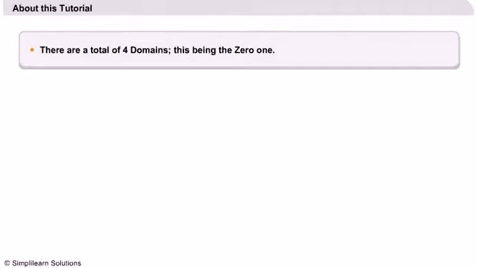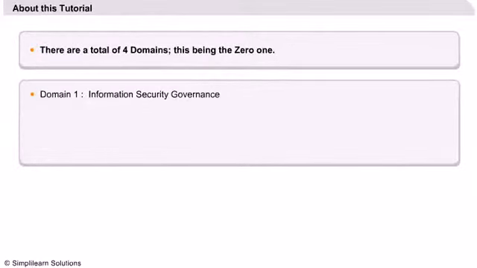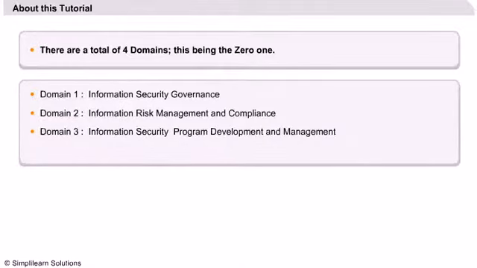There are a total of 4 domains, this being the 0 one. The other 4 domains are Domain 1, which covers information security governance, Domain 2, which covers information risk management and compliance, Domain 3, which covers information security program development and management, and Domain 4, which covers information security incident management.